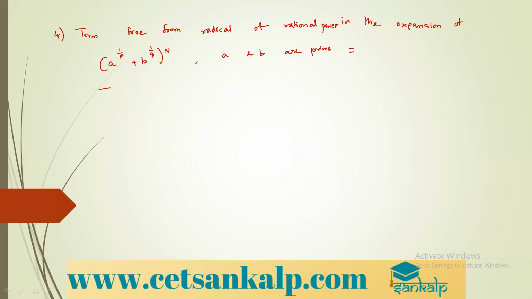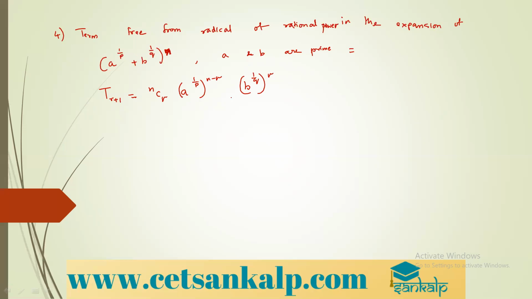So in what way can you find it? First of all, this power n I will make small n, and then I will write the general term. T(r+1) is nCr, a power 1 by p, I have to take power n minus r, b power 1 by q, I have to take power r.